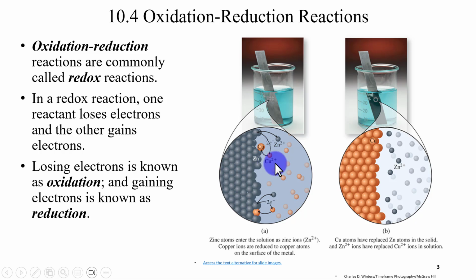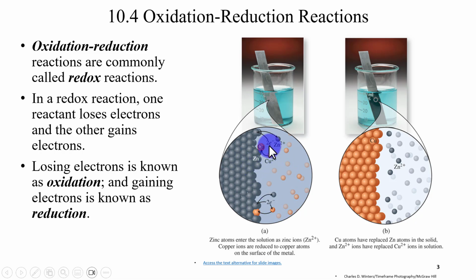The copper, which is Cu2+ in solution, gains 2 electrons from the zinc and gets deposited as an element, just Cu0, on the surface of the zinc strip, whereas the zinc, losing those electrons, is not held on the surface of the strip anymore, but comes out and enters the solution as Zn2+. And so you have this exchange of the copper for the zinc.